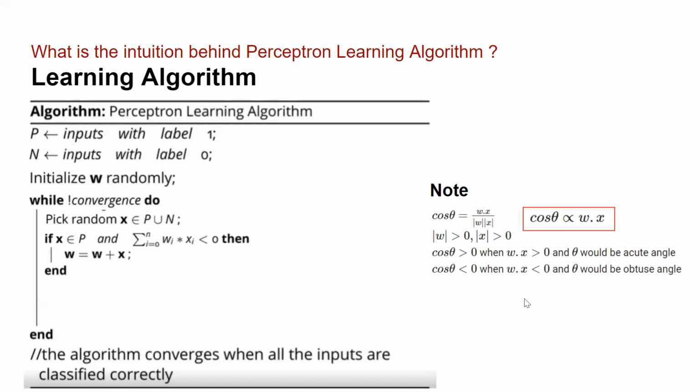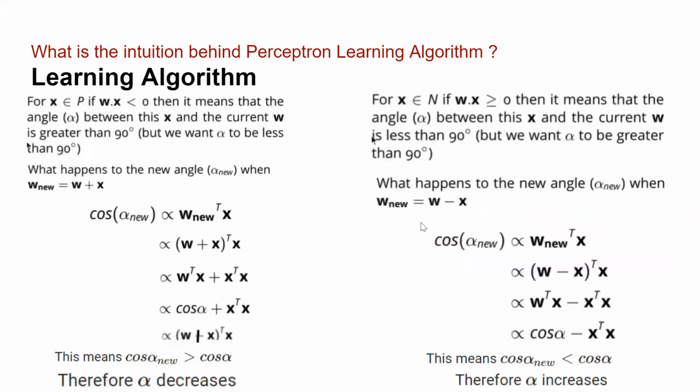That means the angle between the two vectors is an obtuse angle. Is this concept clear? Yes. Zara, is this concept clear to you? Yes, yes, Ashutosh.